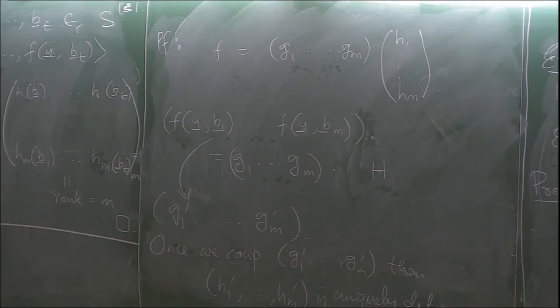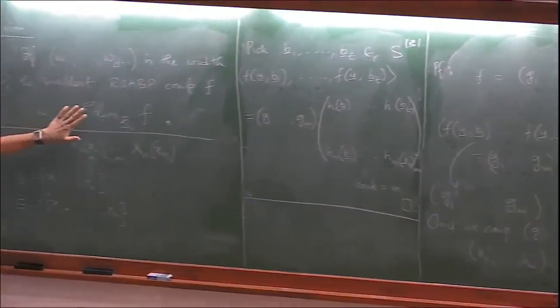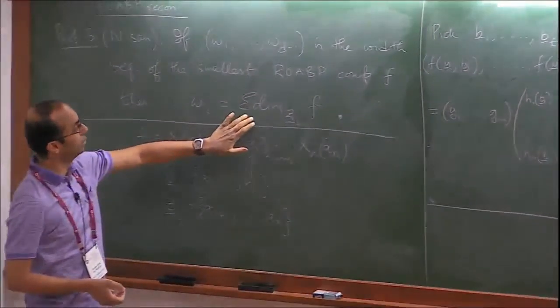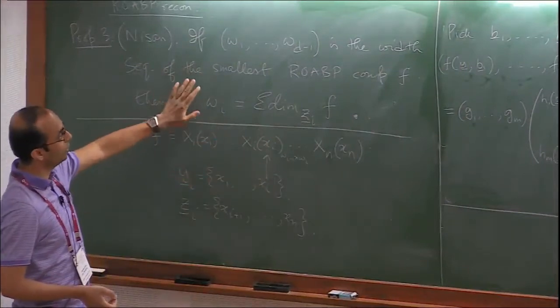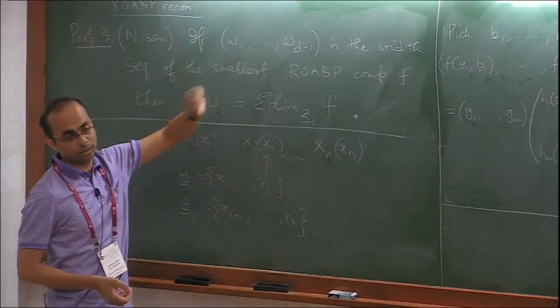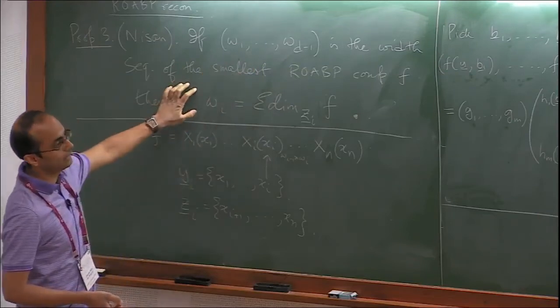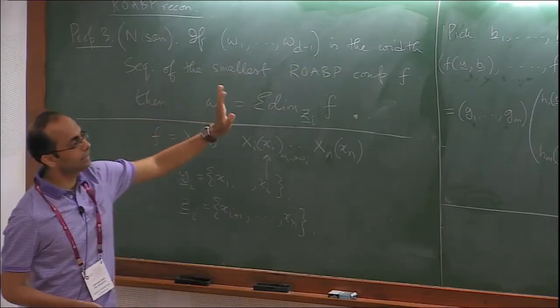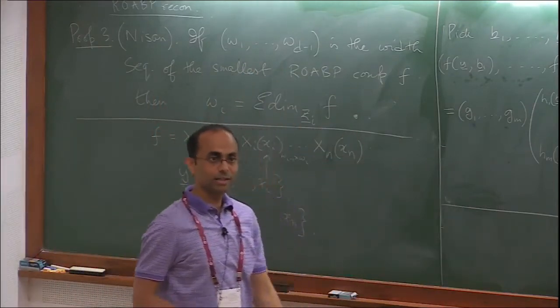So what he showed is that the width of the smallest ROABP computing F, you can compute efficiently, because it is actually the evaluation dimension of this, which we saw how to compute. So from here, we would be able to compute the width sequence of the smallest ROABP using this lemma. And this lemma, you can take it as an exercise. The argument follows almost immediately from what we have discussed so far.